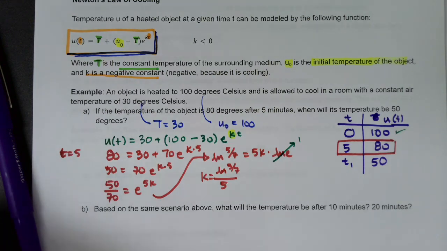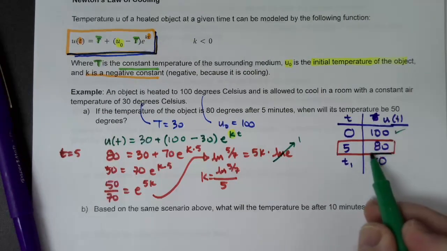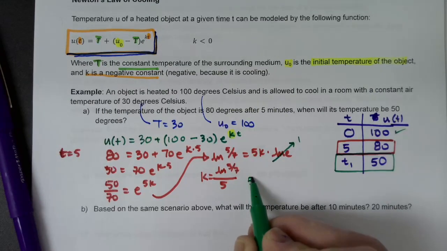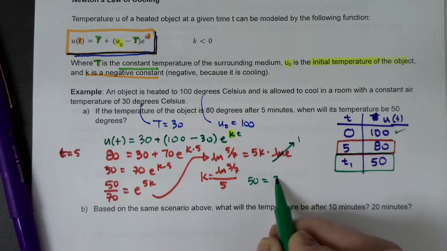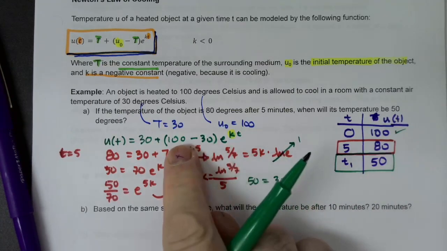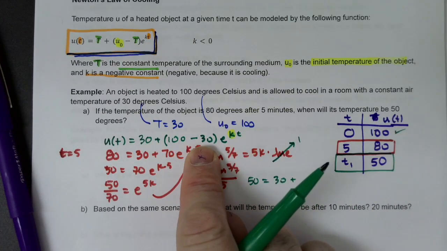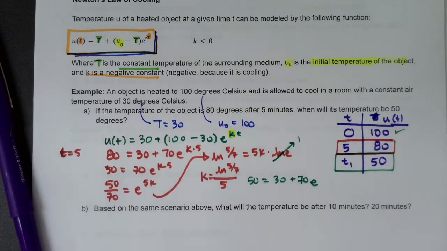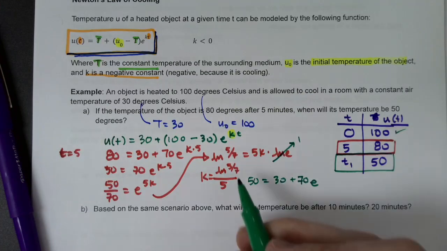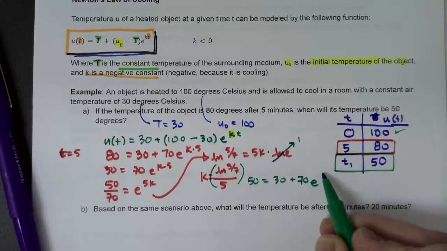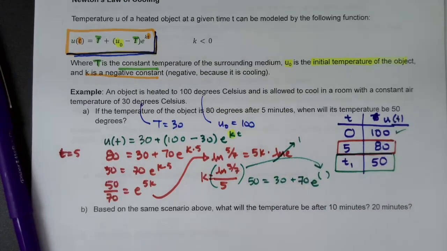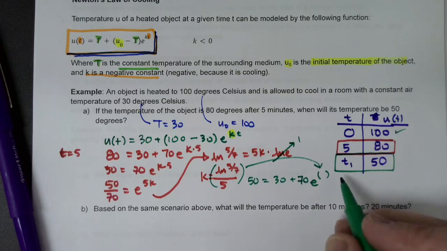So now we're ready to solve for t when U of t equals 50. In other words, 50 equals the 30 plus, remember this here is 70, 100 minus 30, and that's going to be e, and then that K value, this right here, since I'm a little cramped for space, I'm just going to write it like this and do a quick little arrow over there to say, hey, that's what's right here, to the t.